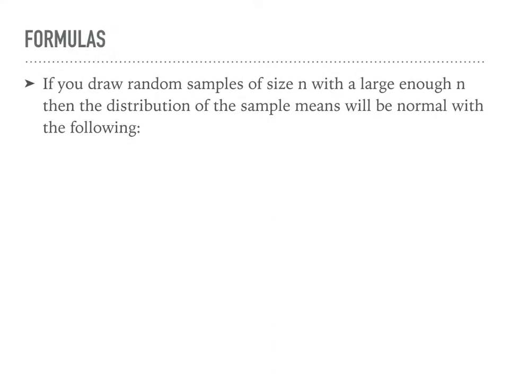If you draw random samples of size n with a large enough n, then the distribution of sample means will be normal, with the following being true. The mean of the sample means will be equal to the mean of the data values. The standard deviation of the sample means will be equal to the standard deviation of the data values divided by the square root of the sample size.